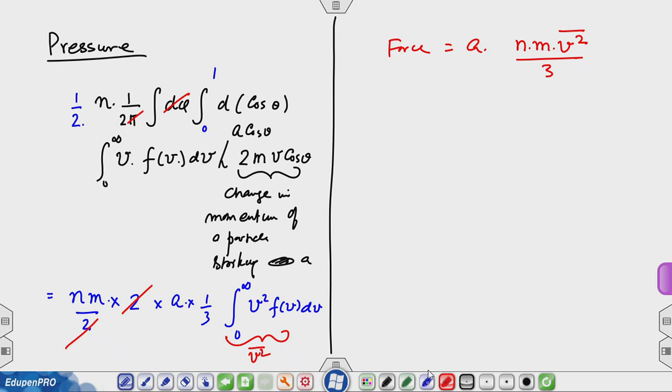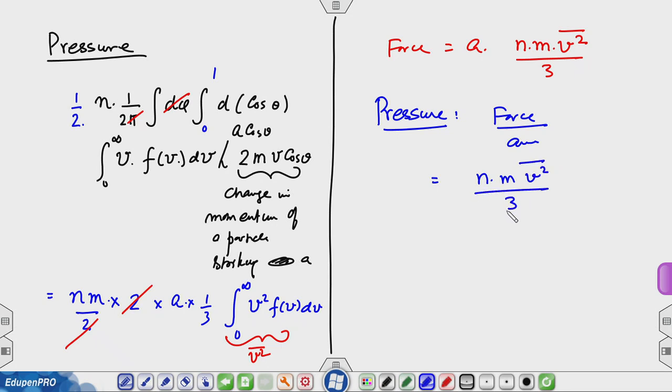So pressure is force divided by the area. This comes out to be n m v square average divided by 3. This is P.